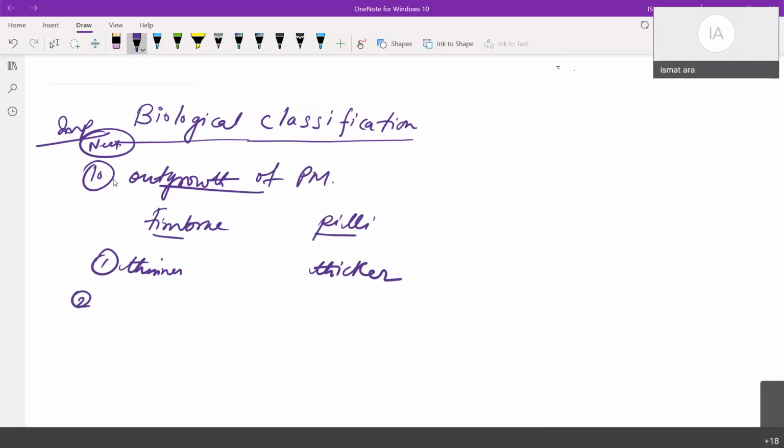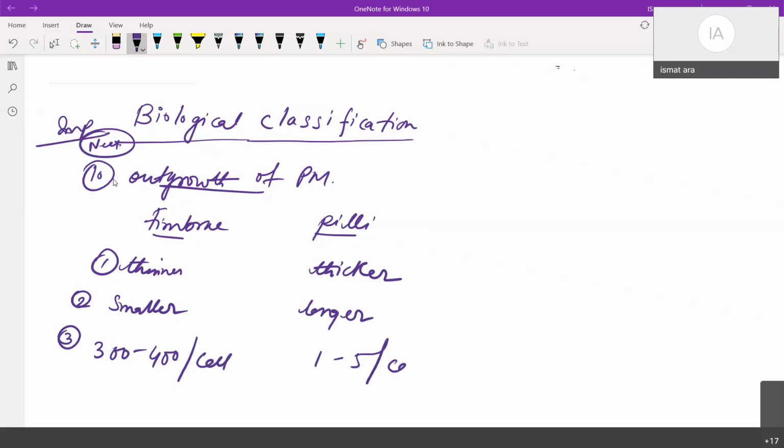Fimbriae are smaller in size but more in number, and pili are longer in size. They are present around 300 to 400 in one cell for fimbriae, and 1 to 5 in each cell for pili. This is about pili and fimbriae.